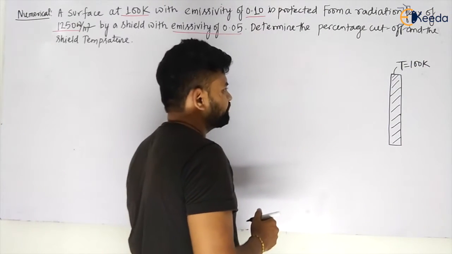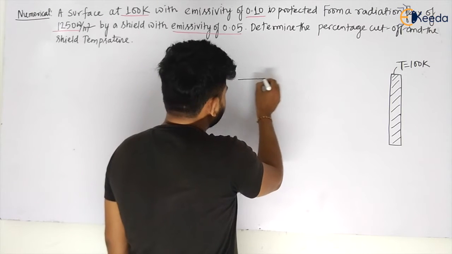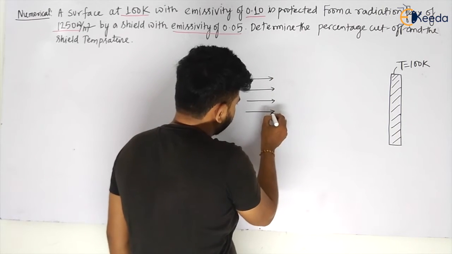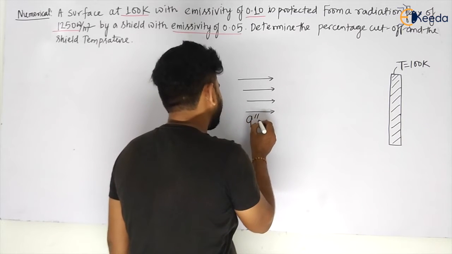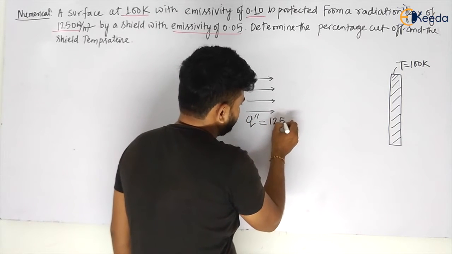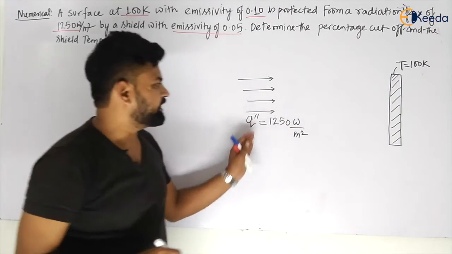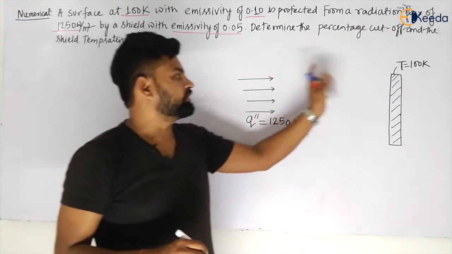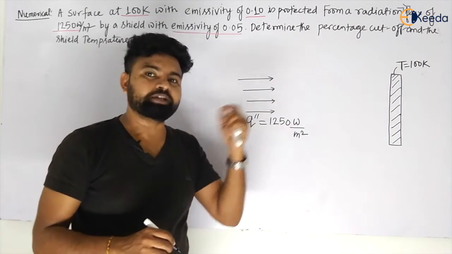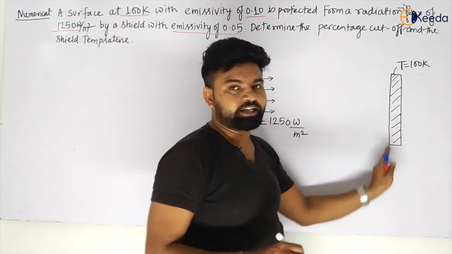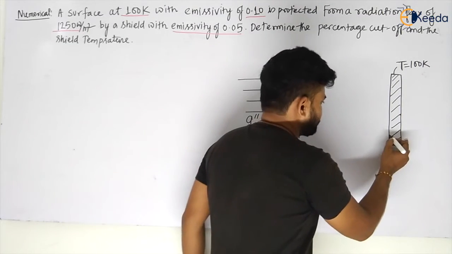Okay. Now some radiation flux is coming from this side. Let us say some Q radiation flux is coming from this side, my dear students, in watt per meter square. So when this radiation flux will fall on this surface, what will happen? The heating will be there, and there will be some heat transfer due to radiation to this surface.